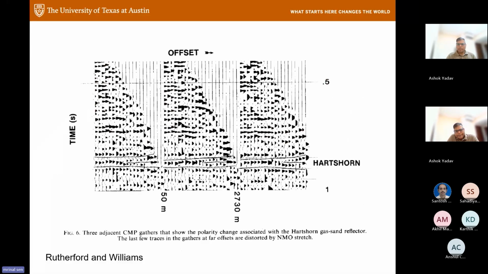And this is from the data. These are the gathers from the field data, and you can clearly see how the polarity changed. And here, if you stack those, obviously you're not going to get a good amplitude. So this led to some important discoveries many years ago.